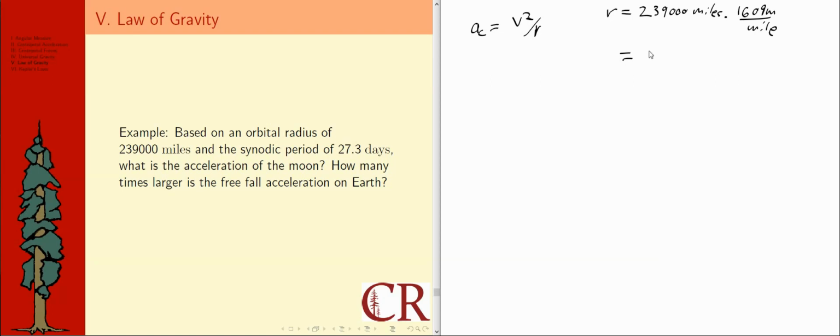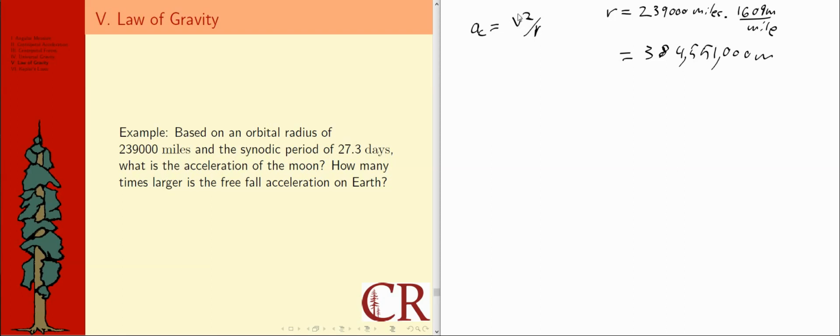This gives me 384,551,000 meters. We're also given the synodic period, which is not the orbital speed v.